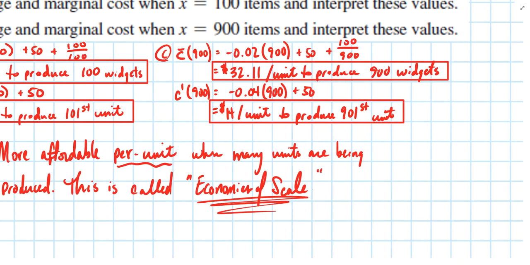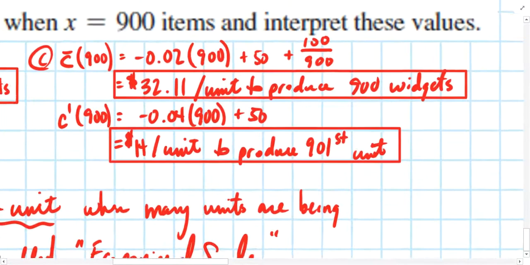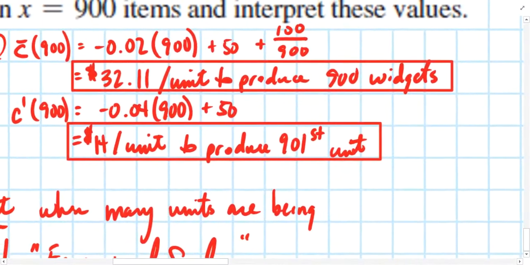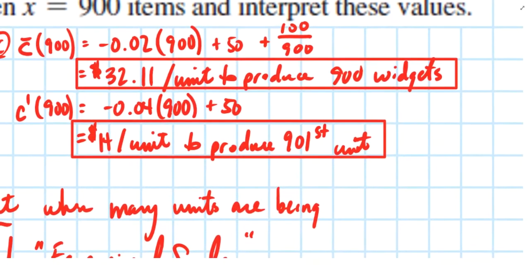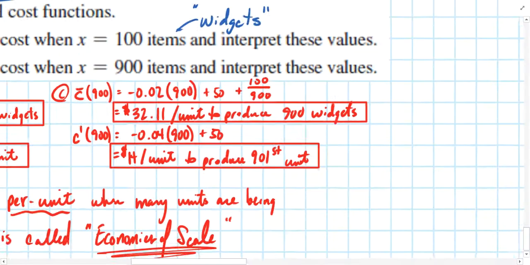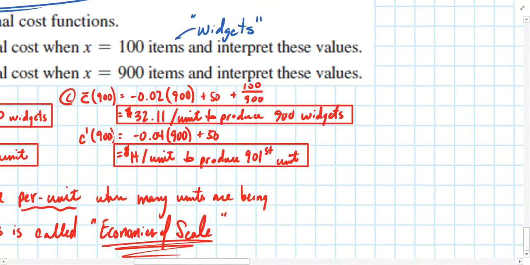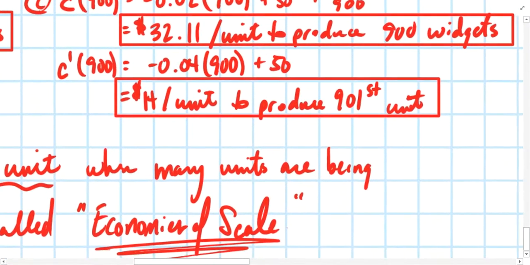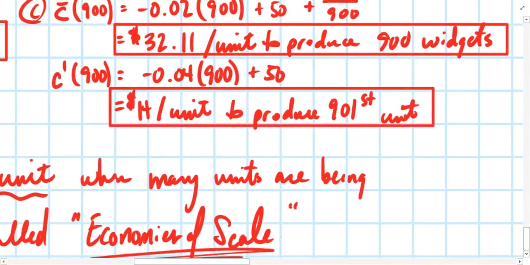Similarly, and perhaps in a more obvious notion here, the average cost to produce 900 of these items is $32.11. So it's much cheaper on average once we're producing 900 of these items. And then the derivative at 900, the derivative of the cost function, ends up being $14.